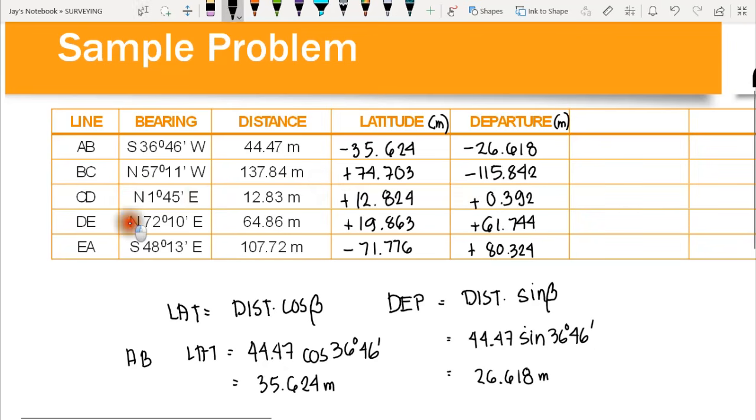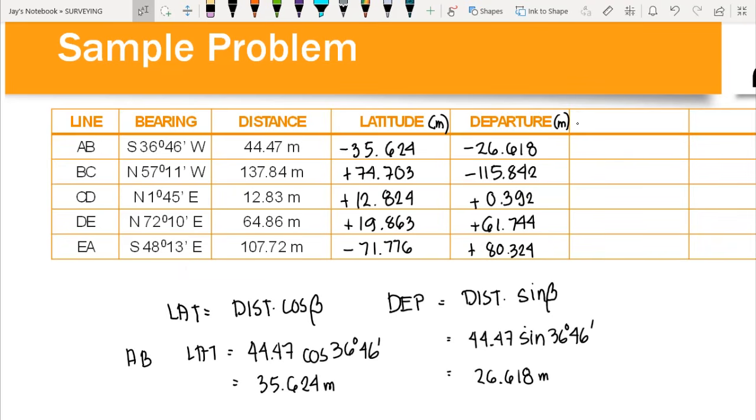For DE, since we have northeast, that gives positive latitude and positive departure. For line EA, since we have south, that gives a negative latitude, and since we have due east, we have a positive departure.